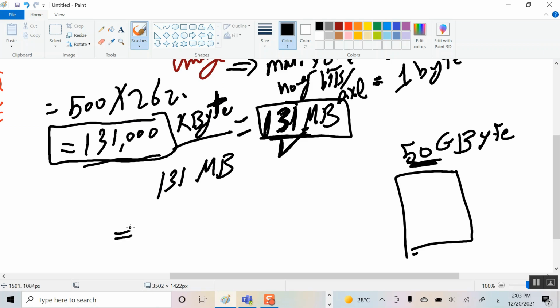It's like dividing this total capacity by 131. But don't forget to convert from gigabytes to megabytes, to keep your units consistent.